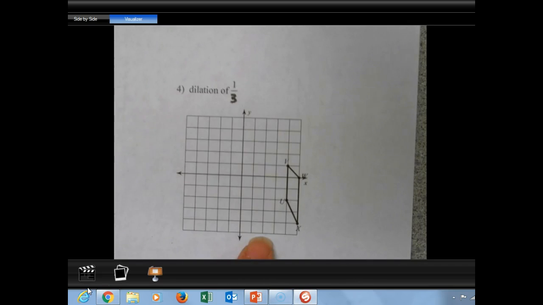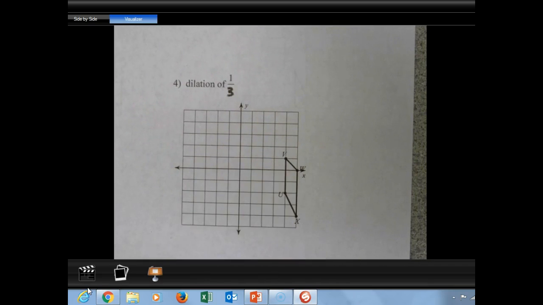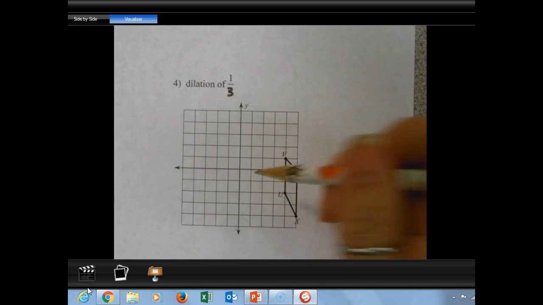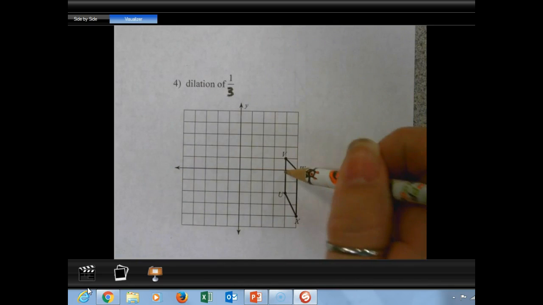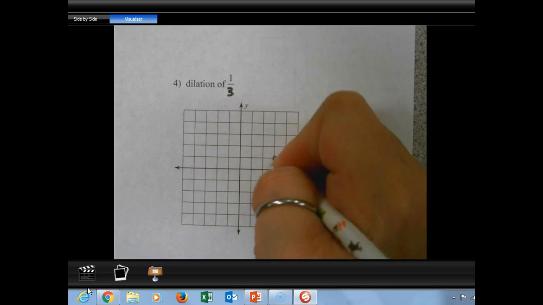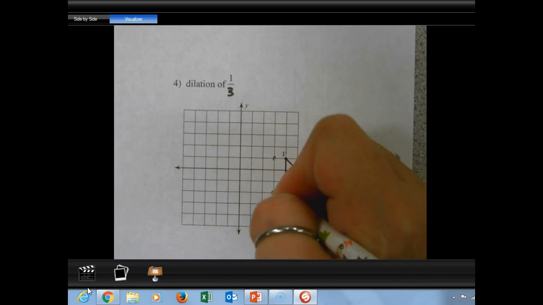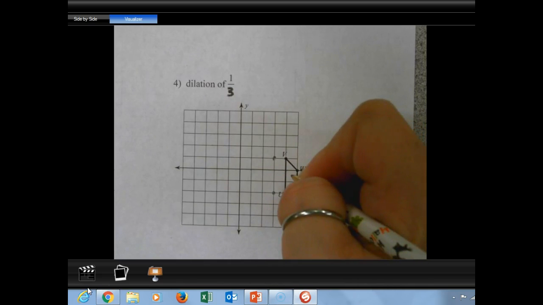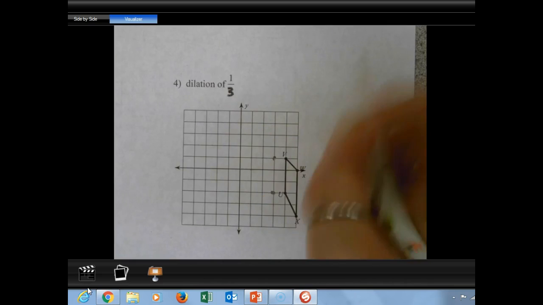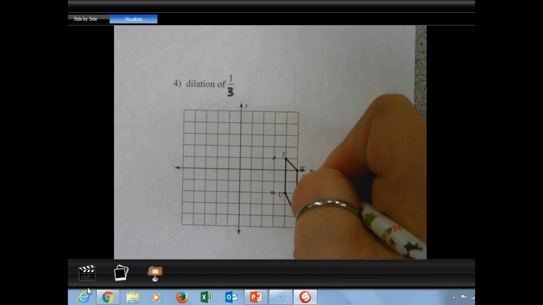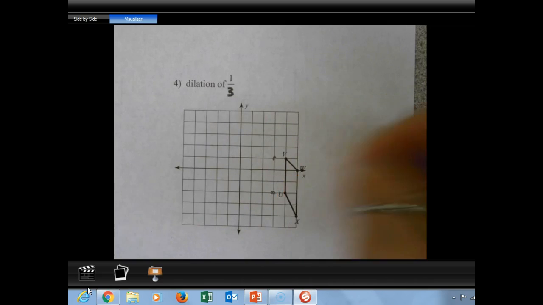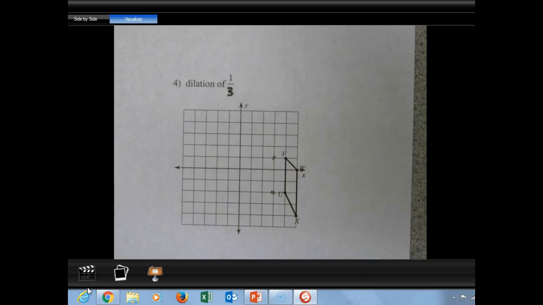We're going to do number 4. I changed the dilation to 1/3 just because it can possibly be 1/3, but you might get some funky numbers on this one. No, we're just going to do it as is.